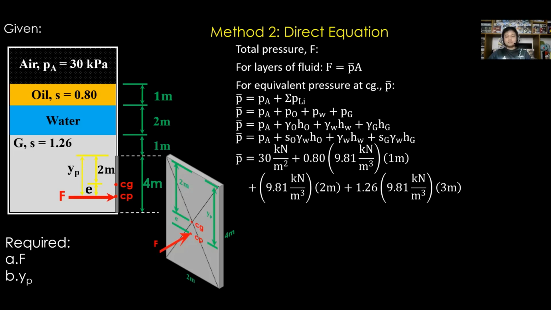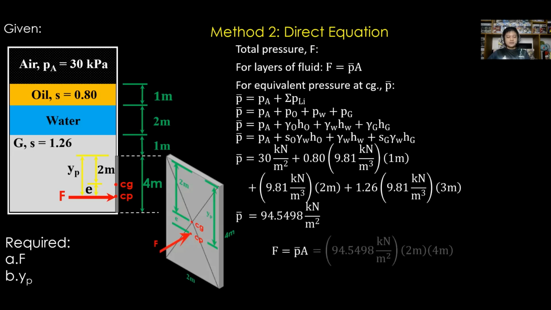Then plus, for glycerin, the specific gravity is 1.26, multiplied by the unit weight of the reference fluid, 9.81, and multiplied by the height up to the center of gravity. So we have 1 plus 2, therefore it is equal to 3 meters. Thus, P bar is equal to 94.5498 kilonewtons per square meter.